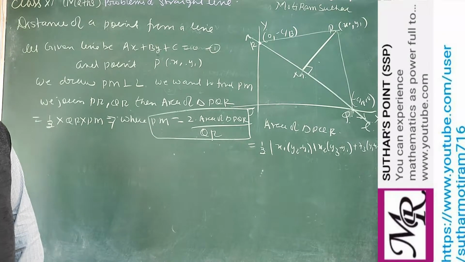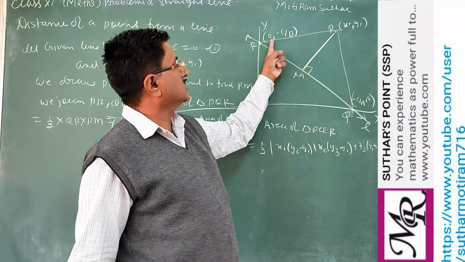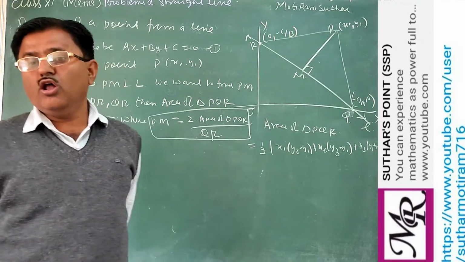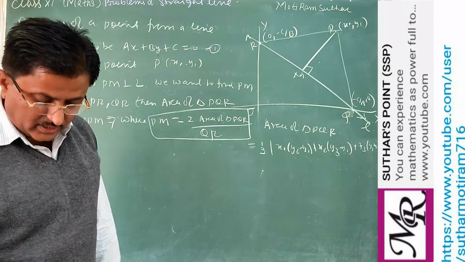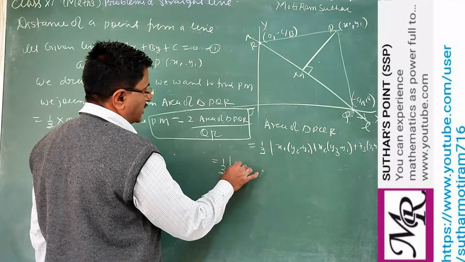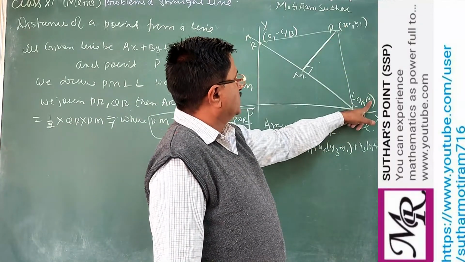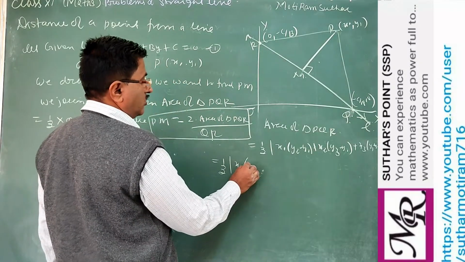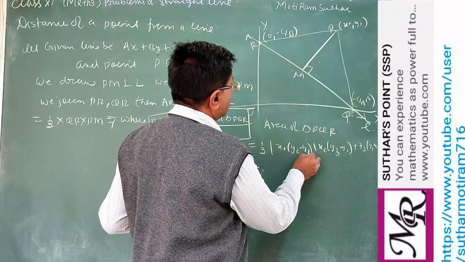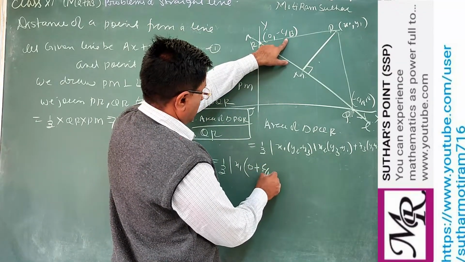So x1, x2, x3, y1, y2, y3, all coordinates are given, dear student. So you put all these. We can write here 1 by 2, x1 is a, x2 is 0, so 0 into y2 minus y3. y3 is this, so minus minus plus c upon b.